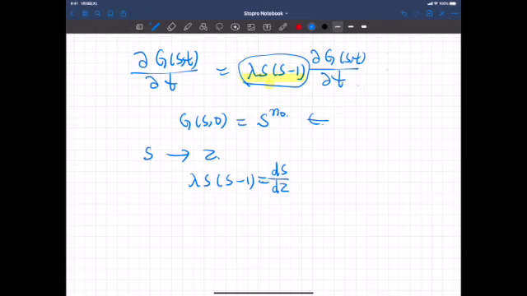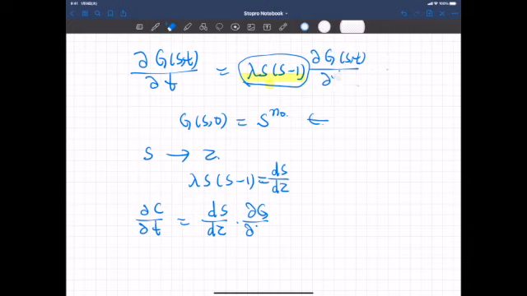Then we can express this partial differential equation in this way. Del g, del, sorry, this is not t, should be s. And if this is the case, then this becomes the partial derivative of g with respect to z. Right? So this is the chain rule.